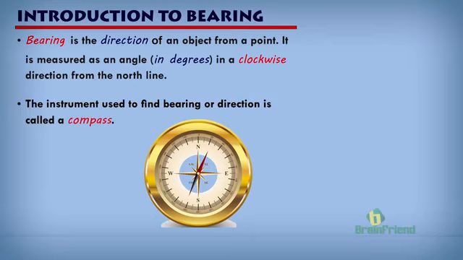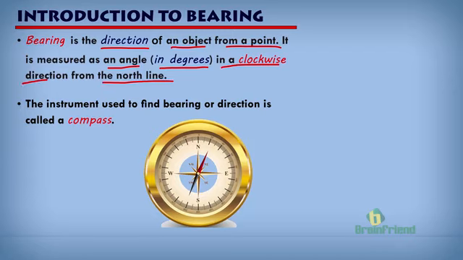Let's go on. Now, the word bearing, what does it mean? In mathematics, bearing refers to the direction of an object from a point. The direction of an object from a point. It is measured as an angle in degrees, always in a clockwise direction from the north line.